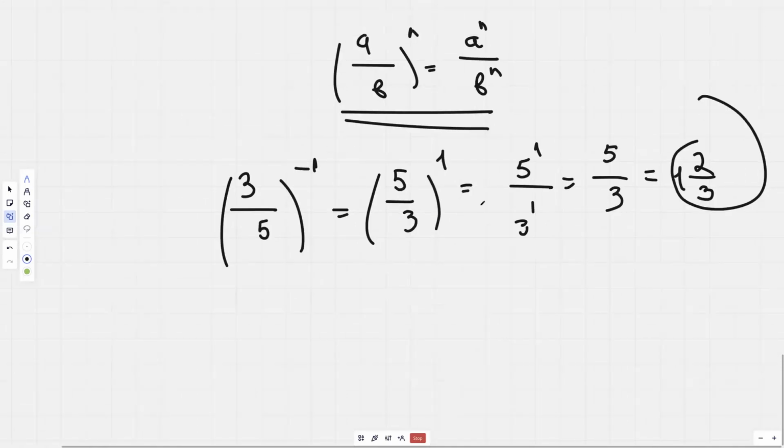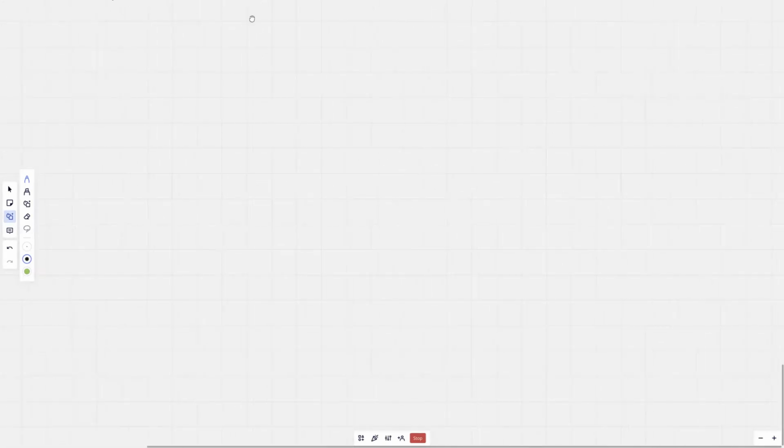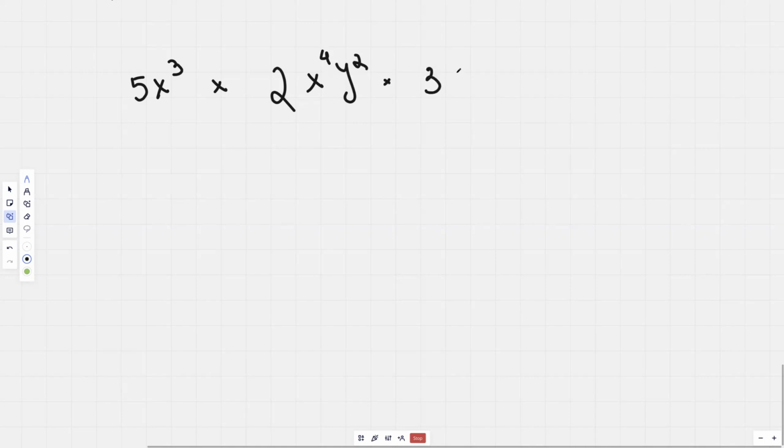And then let's say 5x cubed multiplied by 2x to the power of 4 y squared multiplied by 3xy to the power of 5.